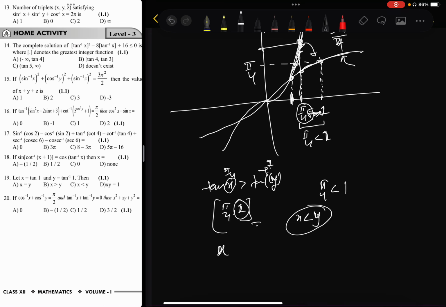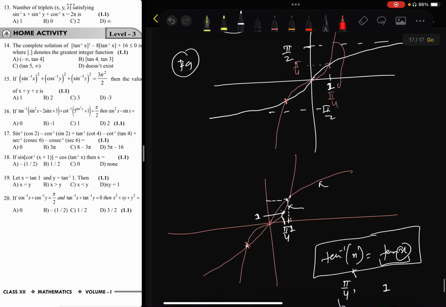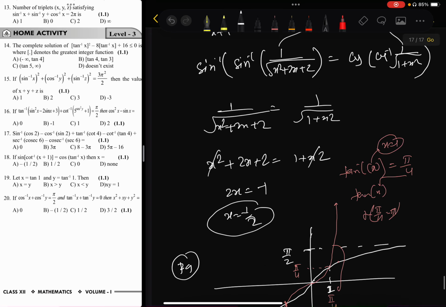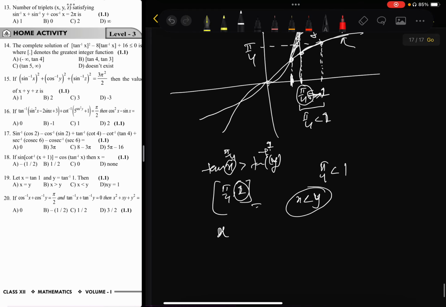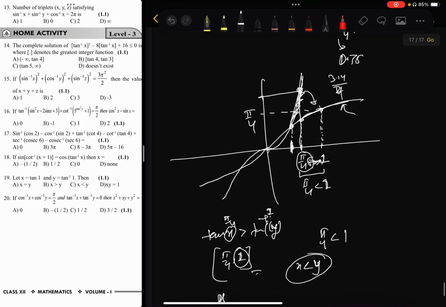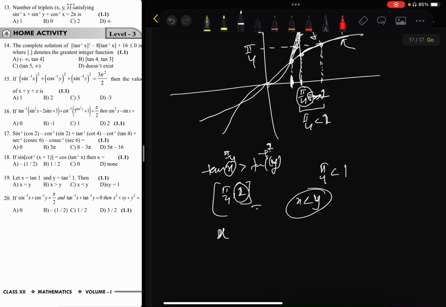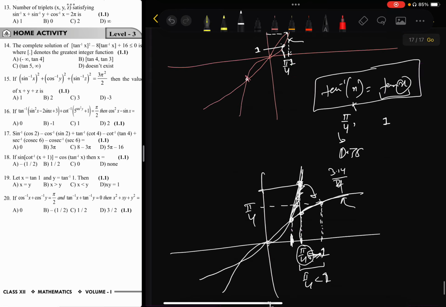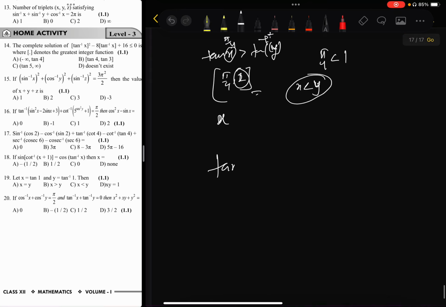Is there any other approach we can apply here? Let me think. So without a graph also, can we solve this? This was the graphical approach, right? The graph we have also discussed in the class. So we need to compare tan inverse x and tan x, right?